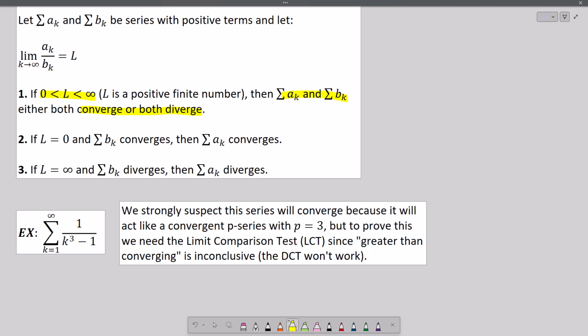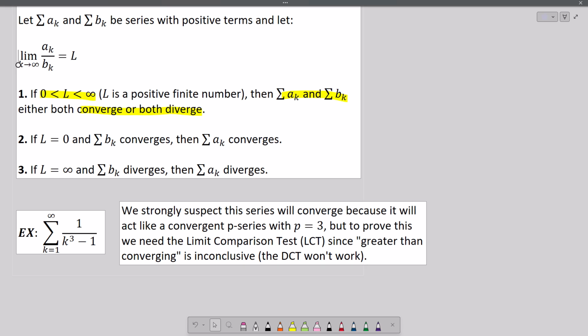So if this limit is 0, we're imagining both the a's and the b's are going to 0, just trying to determine if they're going to 0 fast enough. If this limit is 0, doesn't that mean that the a's are going to 0 faster than the b's? If they're both going to 0, but this limit value is 0, that means that this numerator must be going to 0 faster than the denominator.